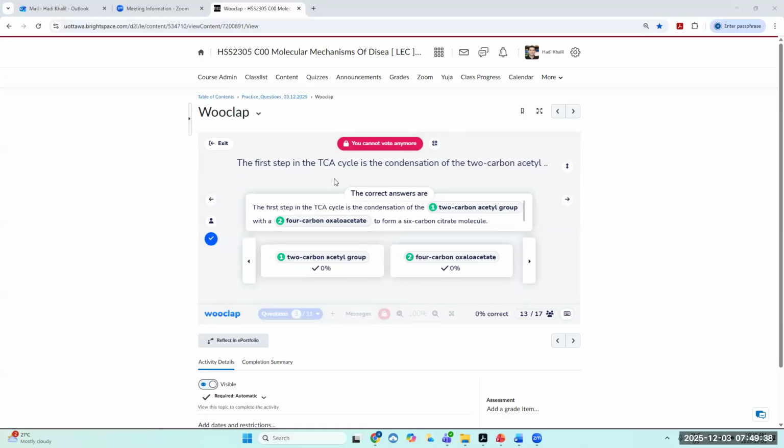And as I said before, generally speaking, the fill in the blanks and the open questions are more difficult because you don't have the information in front of you.